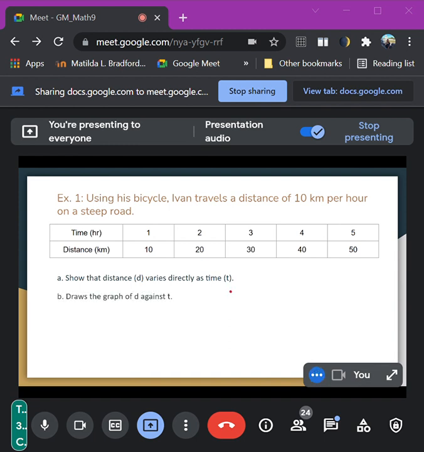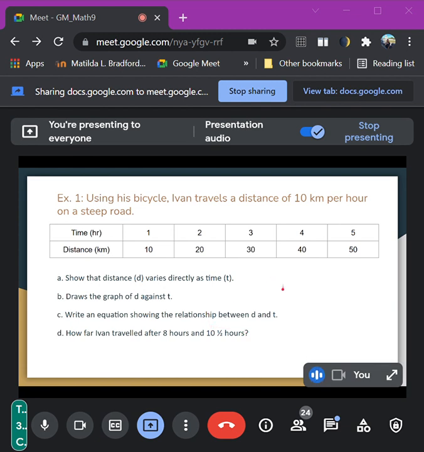Letter B: draw the graph of D against T. Then write an equation showing the relationship between D and T. And find how far Ivan traveled after 8 hours and 10 and a half hours.